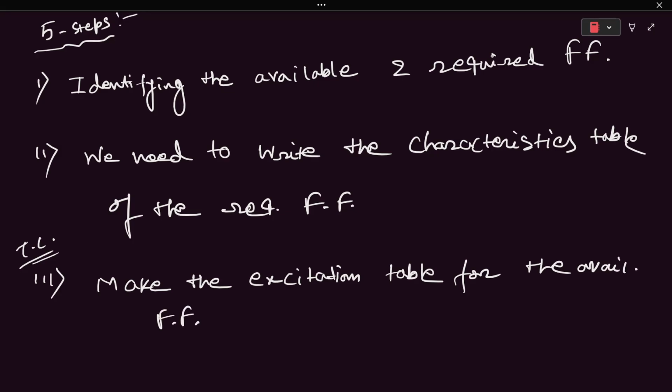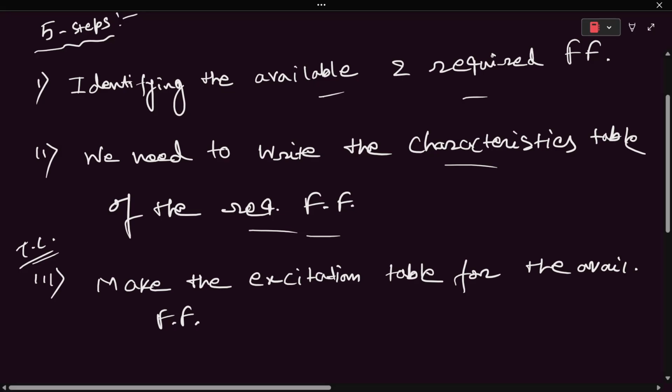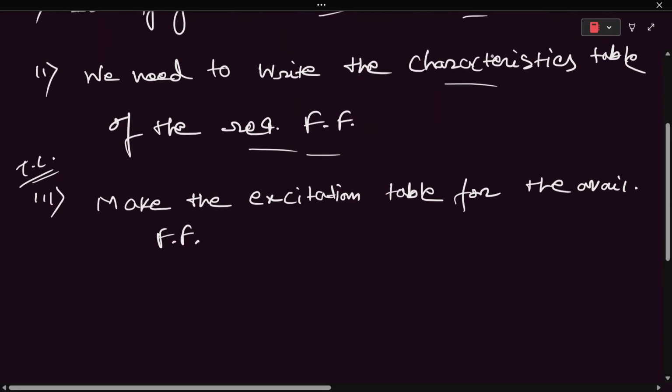So what we did till now: we first identified the available flip-flop and the required flip-flop. After that we wrote the characteristics table of the required flip-flop. And after that, we must write down the excitation table for the available flip-flop. This is the main important step for flip-flop conversion.